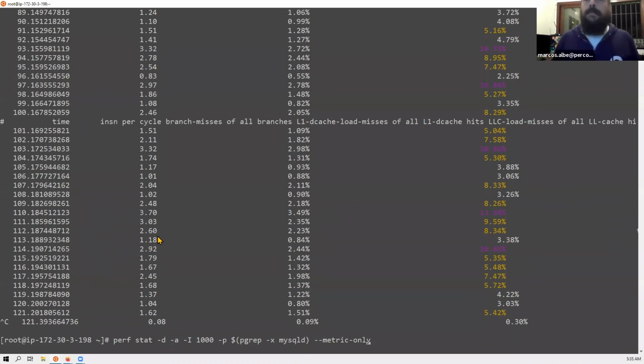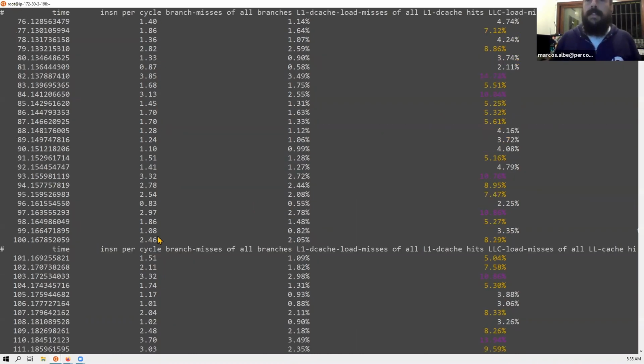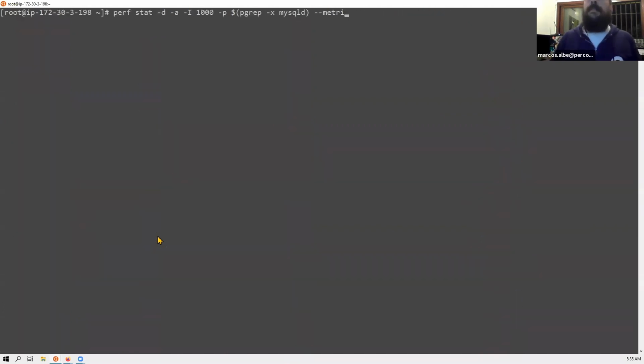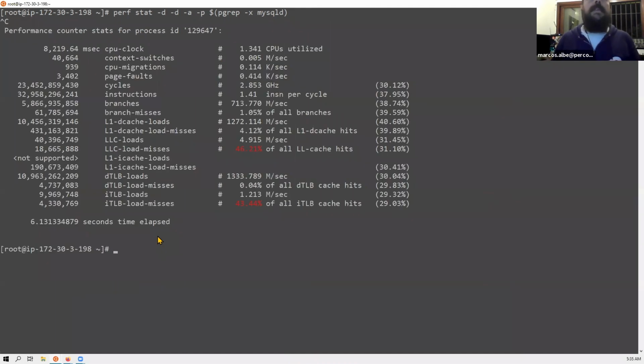You can get much more detail. Let's remove metric only, remove the interval, and add more detail. Let's count to 5: 1, 2, 3, 4, 5, and hit Control-C.